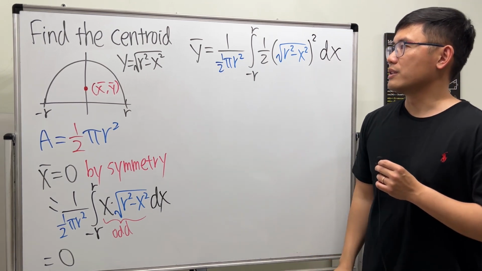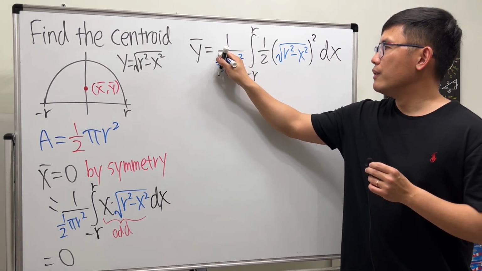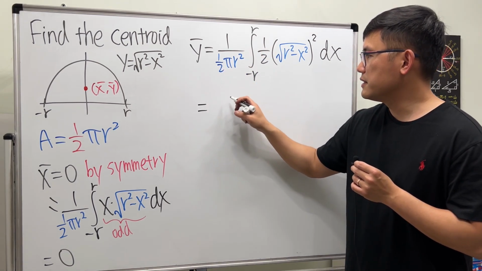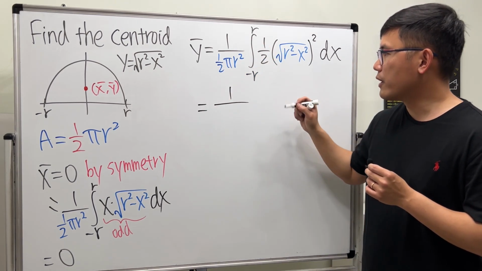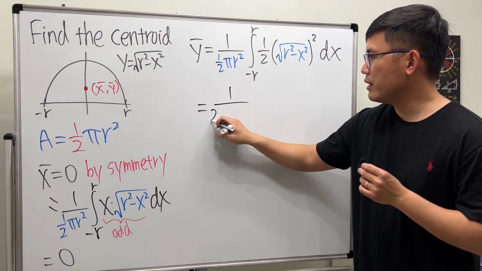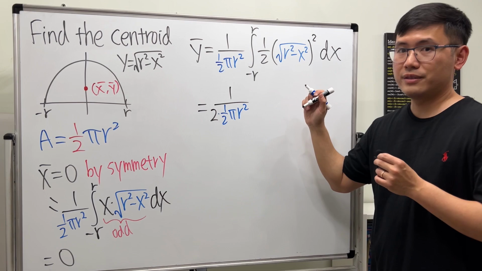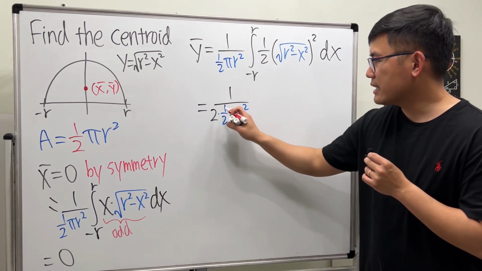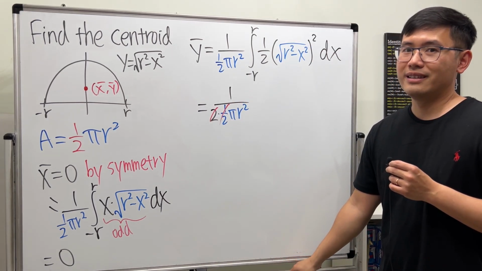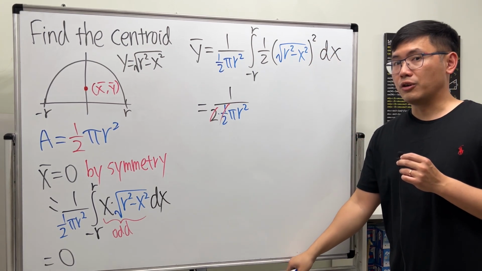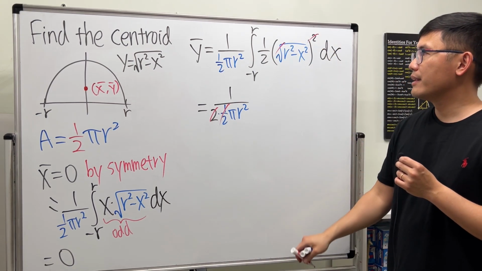And now we just have to work this out. Firstly though, we can put the 1/2 to the front. So this right here gives us 1 over the 2 on the bottom right here times 1/2 pi r squared. And we see that the 2 and 1/2 cancel off right away. Next, the square root and the square, they cancel, which is quite nice.